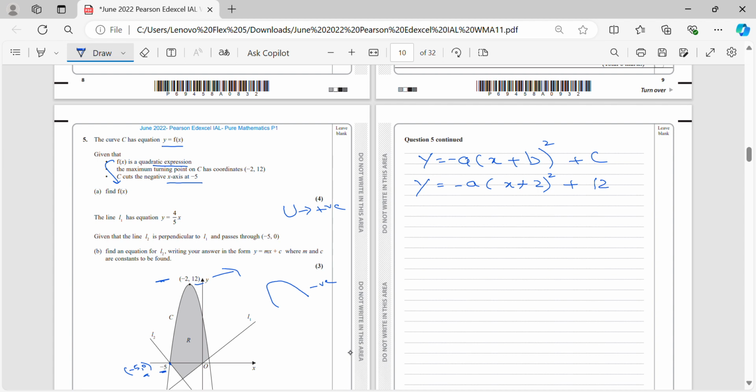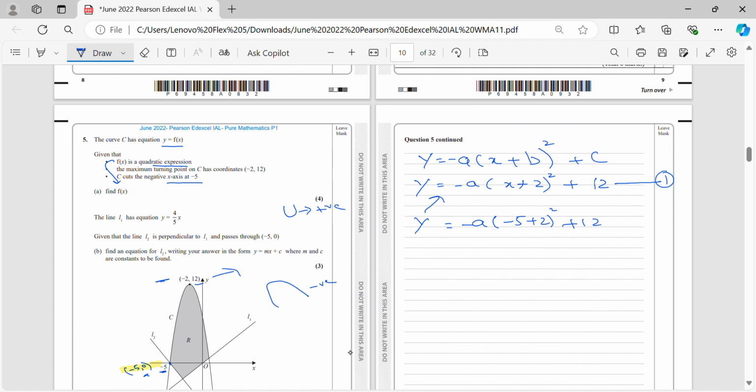Now, because this curve passes through (-5, 0), I'm going to use this point to find a. Let's substitute it here: -5 plus 2. We can label this equation 1, because once I get the value of a, I will substitute back in here.